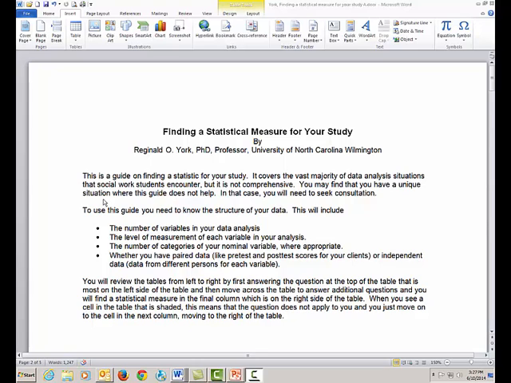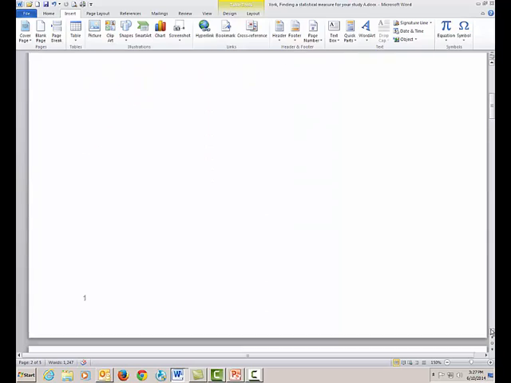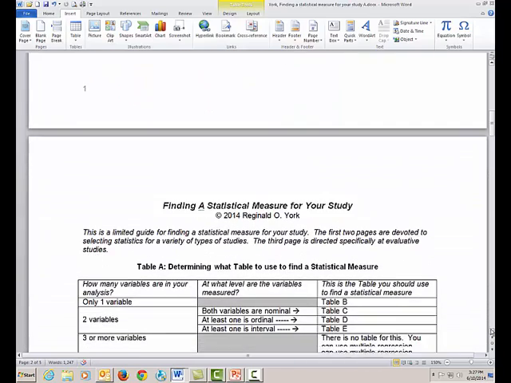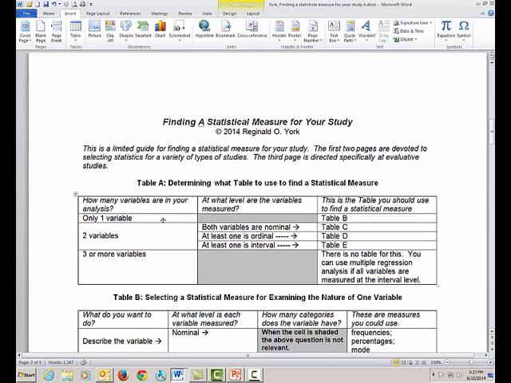So now let's move to the next page, where we will start the table. Here's the thing that I hope you have handy. This instructional video I'm doing right now is just designed to give you information on how to use the table.